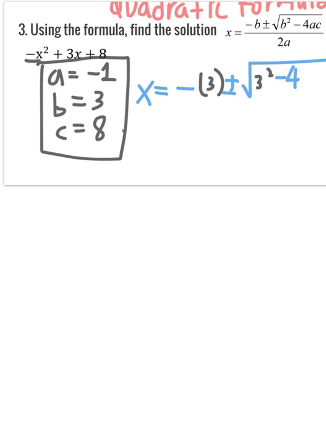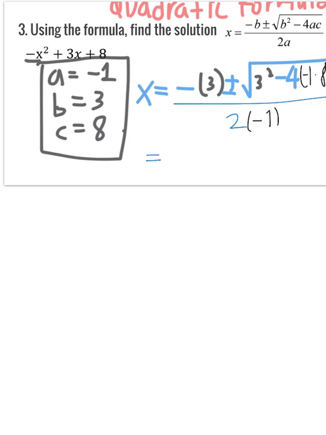Let me try it again. Negative 1 times 8, all over 2a, right? 2 times, once again, negative 1.